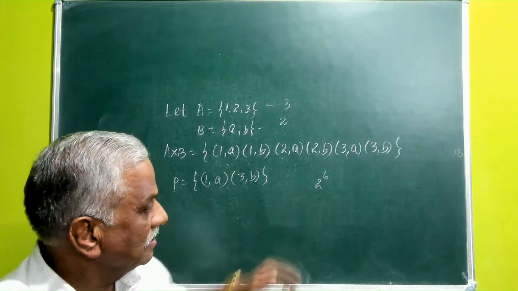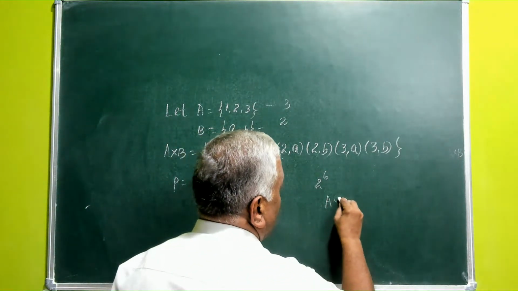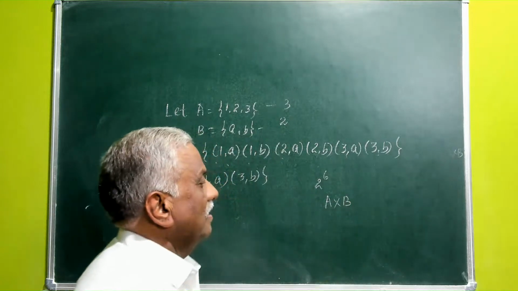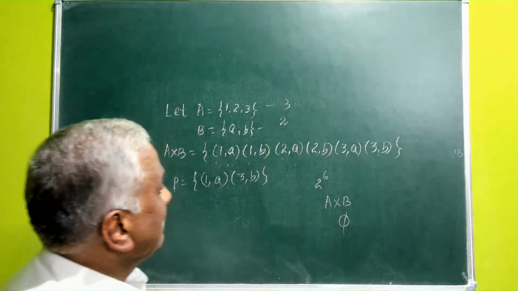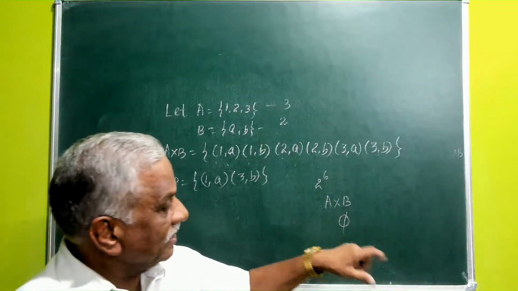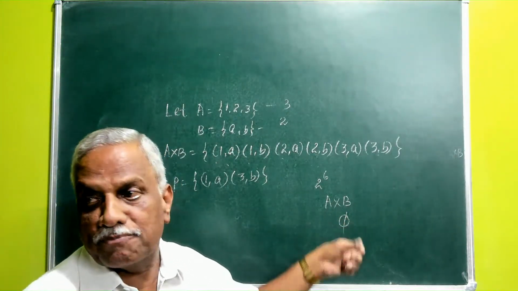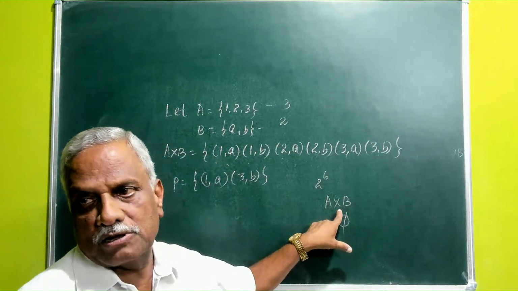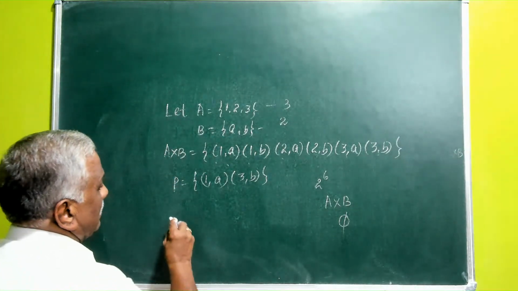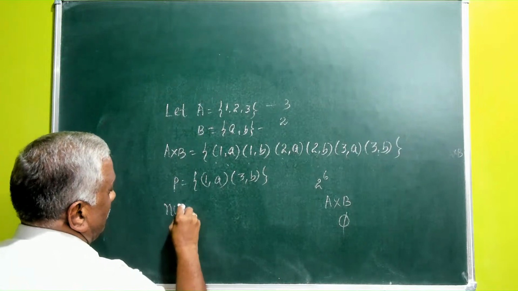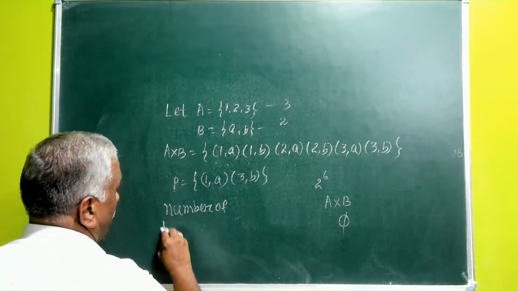Of this, the relation corresponding to A cross B, and what is a null set? See, when I say that it has subsets, the null set is also a subset. The null set is called an improper subset, and A cross B is also called an improper subset. So there can be a question in the examination: the number of proper subsets.